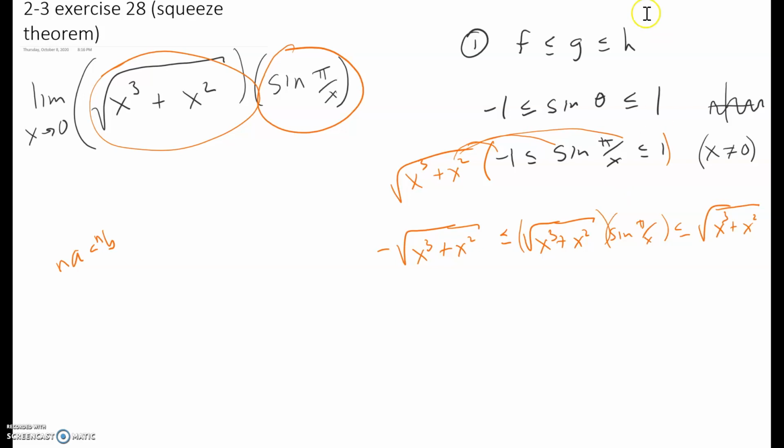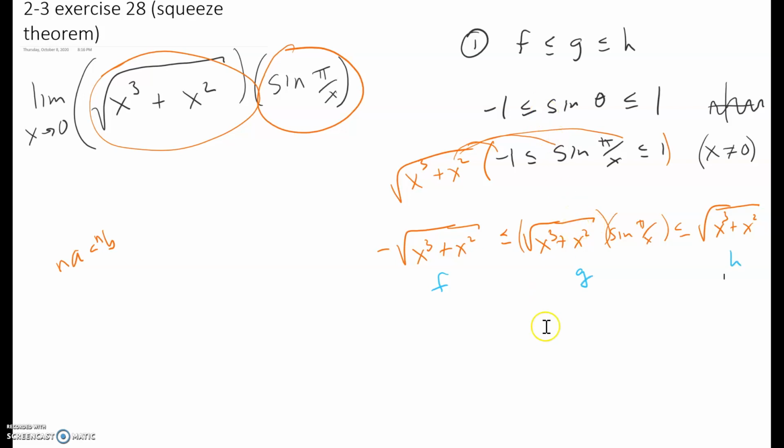Okay, so I've established my inequality, and that's step one in any squeeze theorem situation. So this is like my f, this is like my g, and that's my h.